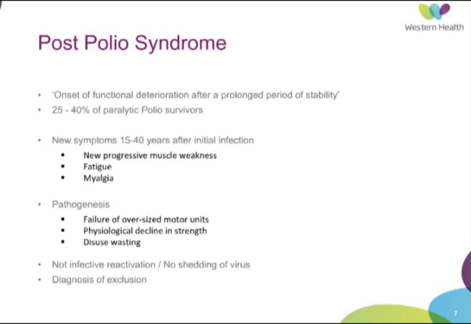The thoughts are that it's failure of these oversized motor units that are fatiguing over time. One of the other thoughts is that the normal physiological decline in muscle strength is exacerbated in already weakened muscles, so I guess the aging process is just more pronounced in these patients. There's also thought to be influence of disuse wasting.